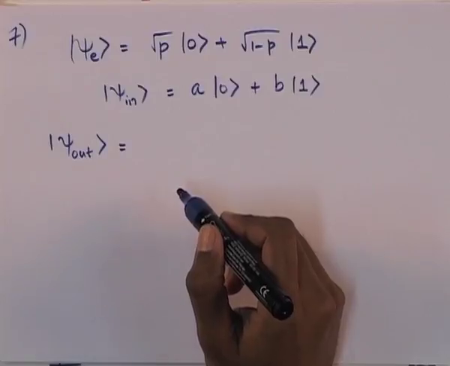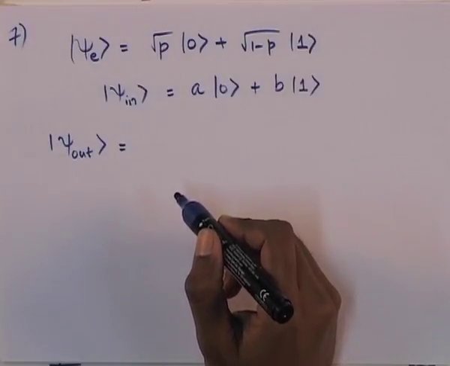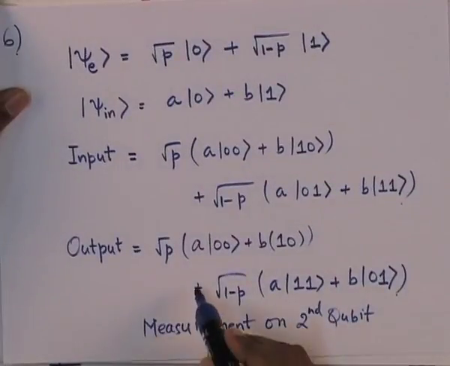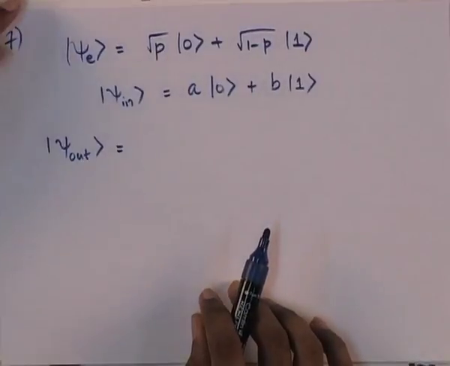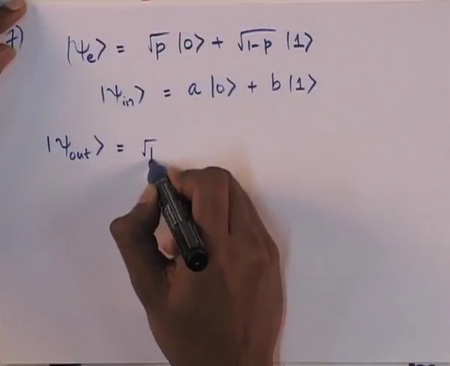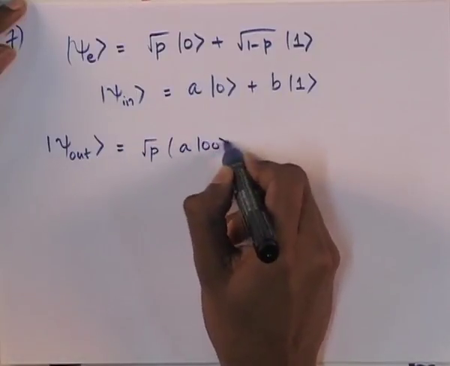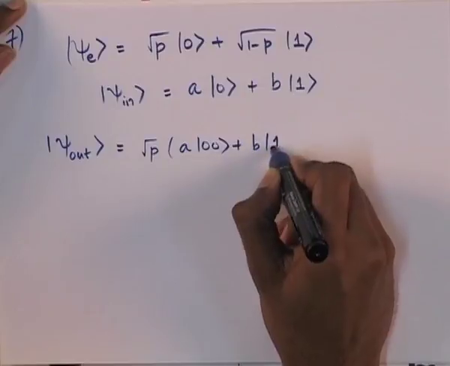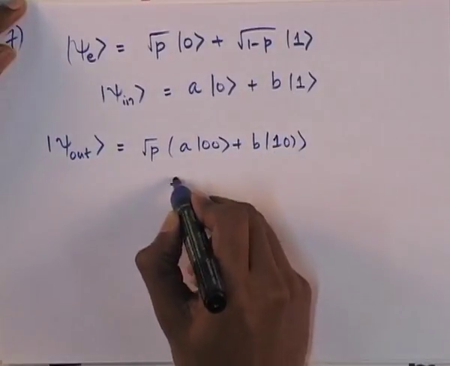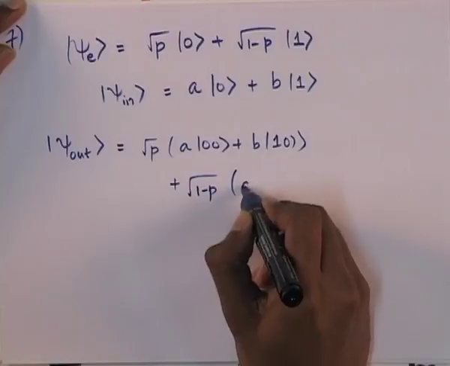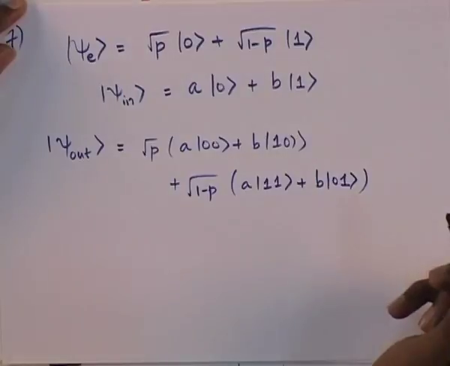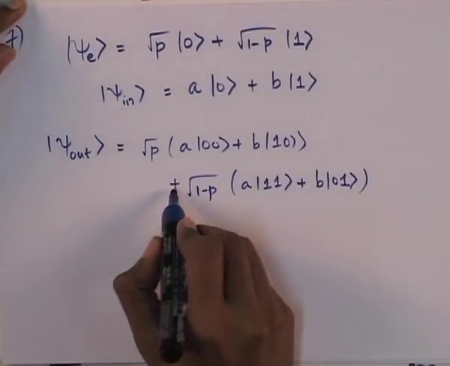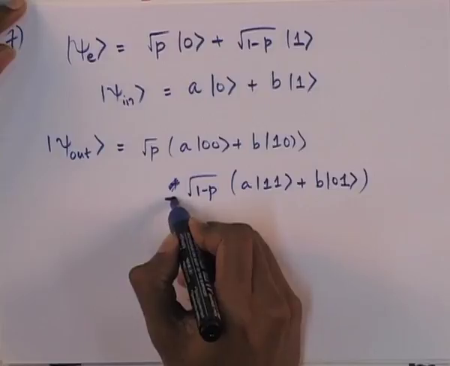So the output is root p times a 0 0 plus b 1 0, minus root 1 minus p times a 1 1 plus b 0 1.